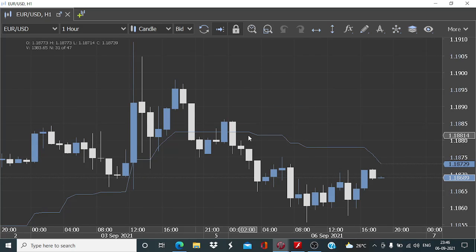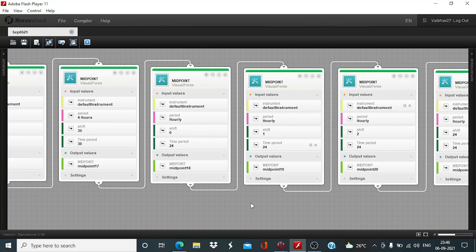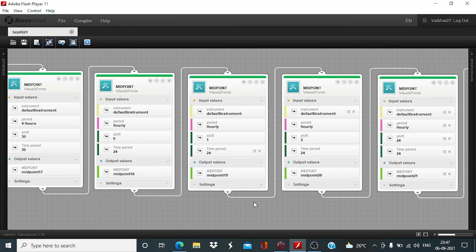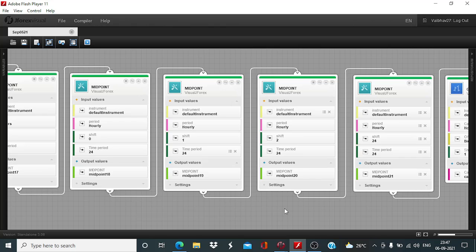And here, as I said, we are trading with the trend, so we need the current output value for the midpoint to be lower compared to the midpoint value 24 hours back. So we have to compare the midpoint 18 value with the midpoint 19 value, and it should be lower.